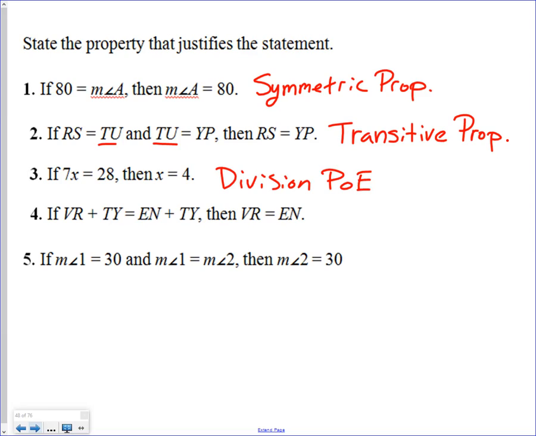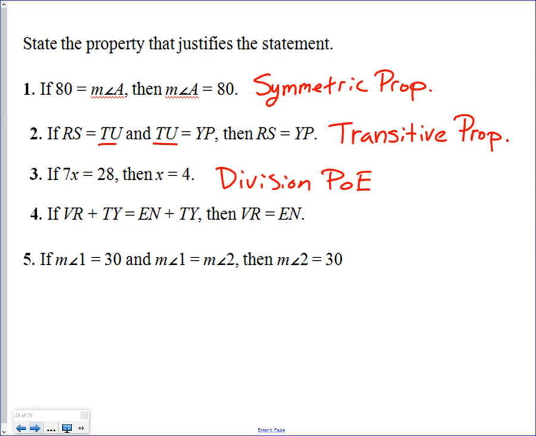The division property of equality says you can divide. What are you doing to go from here to here? You are dividing both sides by 7. If it were the other way, if x equals 4, then 7x equals 28, you might be able to say that's substitution. Otherwise, you would probably say that it is multiplication. There, you might be able to get away with one or the other.